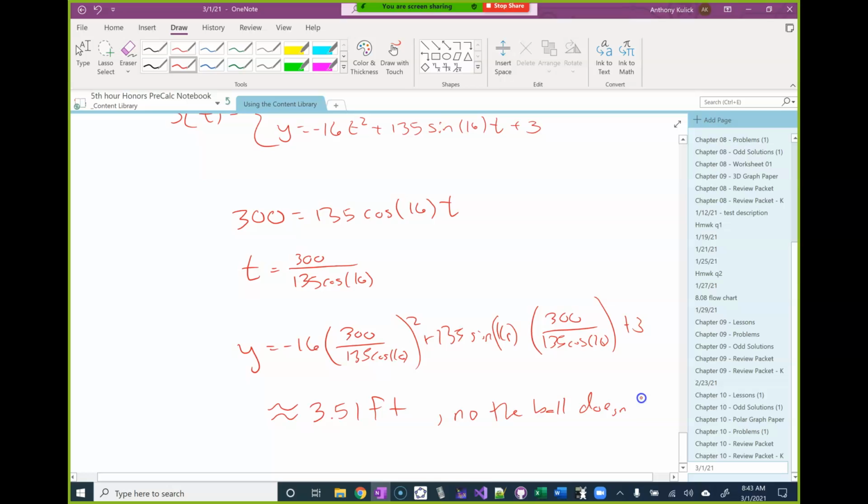Since that number is less than the 15, we know the ball didn't clear the fence. Everybody okay with that idea?